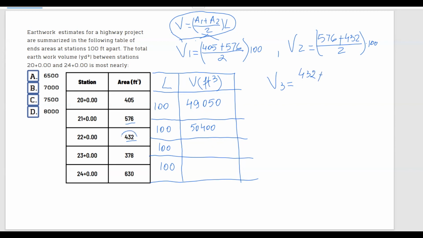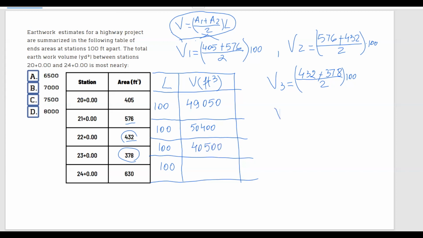plus this guy, 378, divided by 2 and multiplied by 100. Let's see, we have 432 plus 378, divided by 2, multiplied by 100. So we get a volume of 40,500 feet cubed.